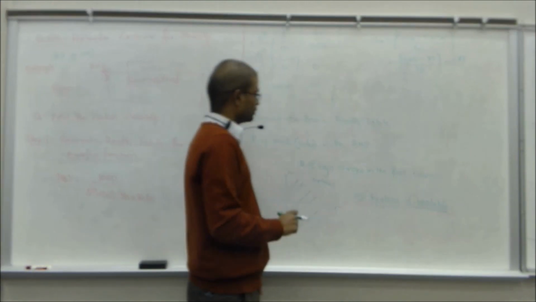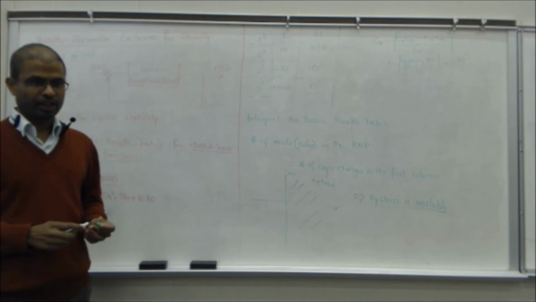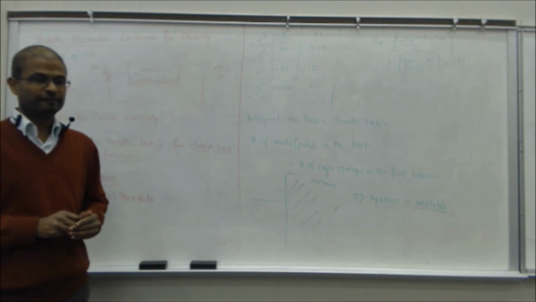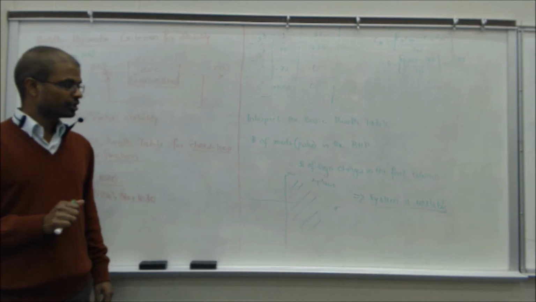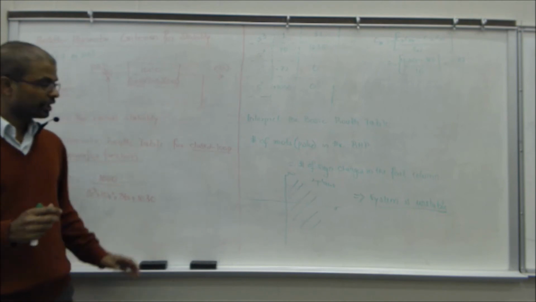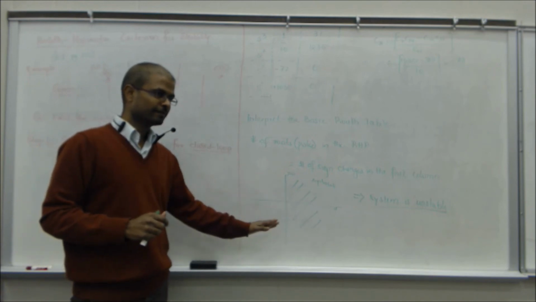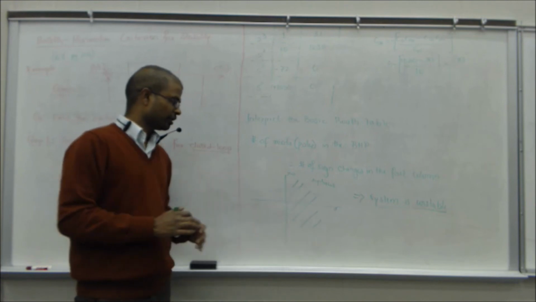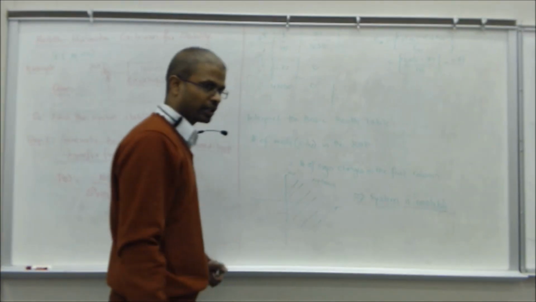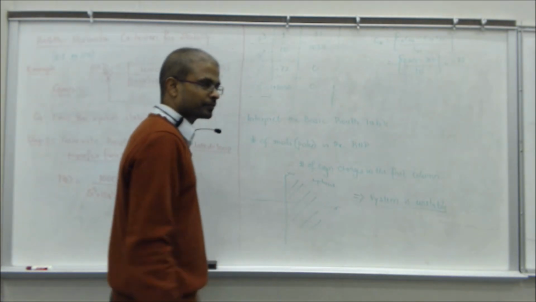Again, try to understand, I'm repeating: any poles in the right half plane means the system is unstable. For a system to be stable, all the poles, you see right half plane? So what is right half plane? Right, this is the imaginary line. Everything on the right side is a right half plane. Everything on the left side is a left half plane.